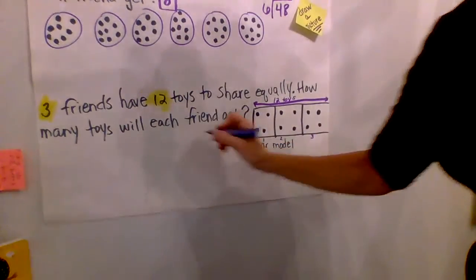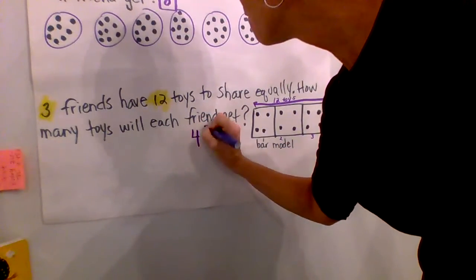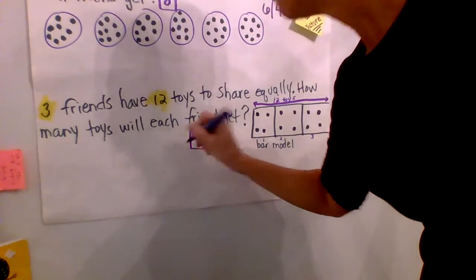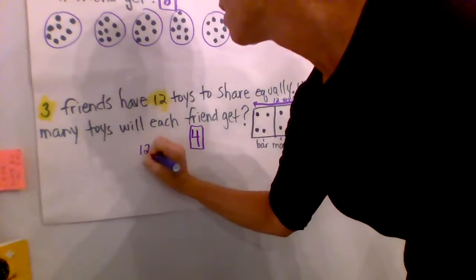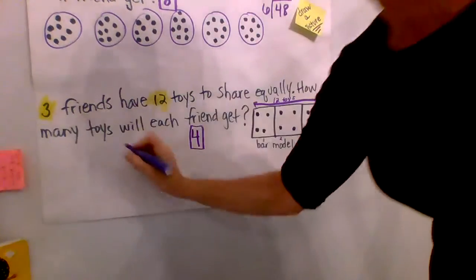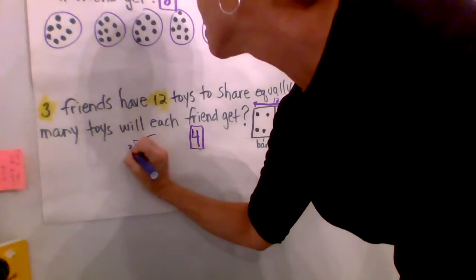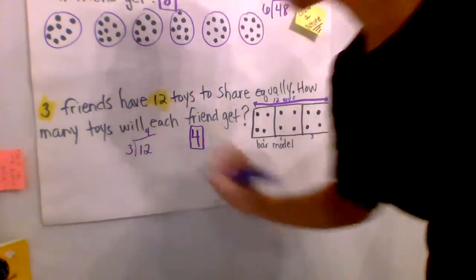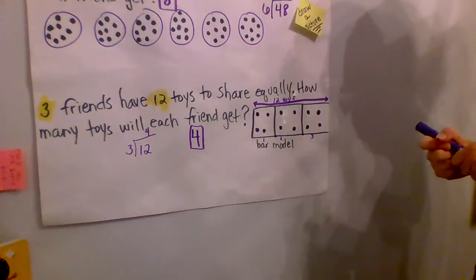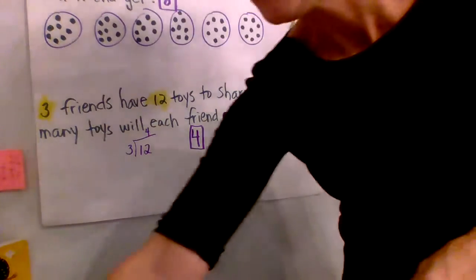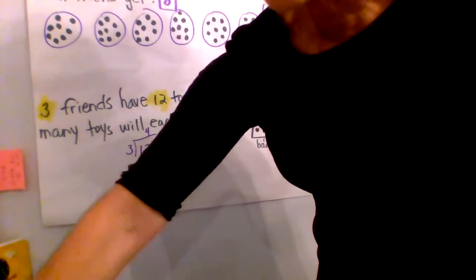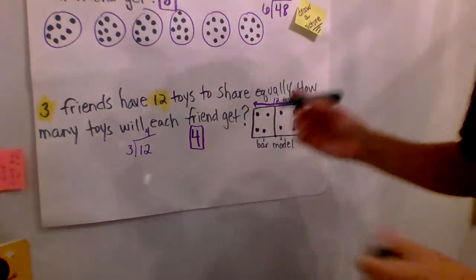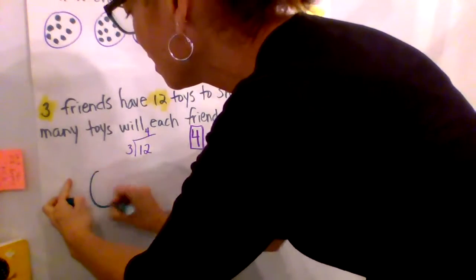How many toys will each friend get? 4. We had a total of 12. It was divided among 3 friends, and each child will get 4. Okay, watch me do it in circles, because circles are easy peasy, right? 3 friends.